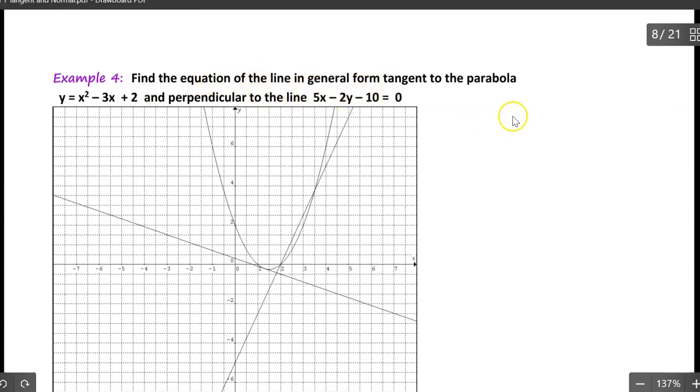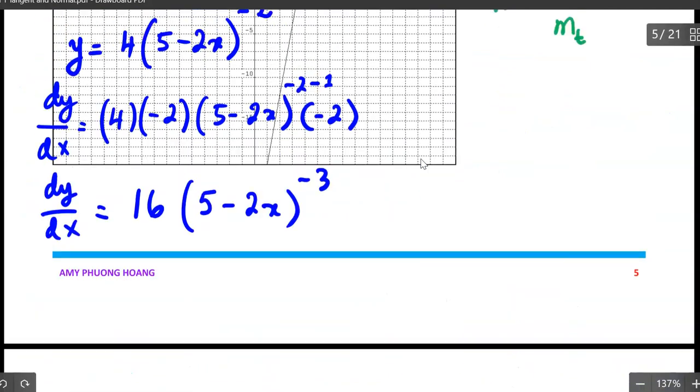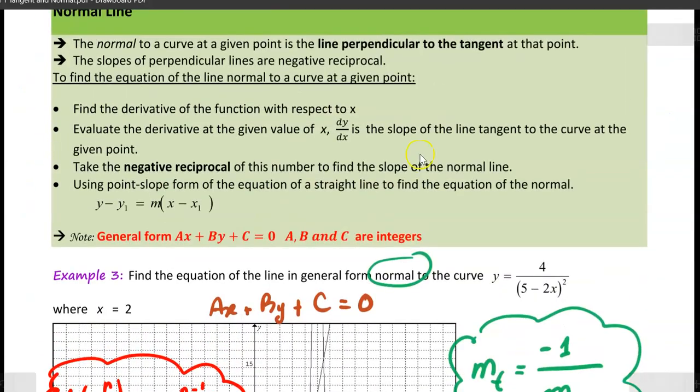Okay, so let's compare example 4 with the example that I have up here. The example I have up here gives you a value for x, and then you differentiate. We always have to differentiate the function, of course, and then we substitute the value of x to find the slope. After you have the slope, you figure out whether you have to find the line tangent to the curve or normal to the curve.